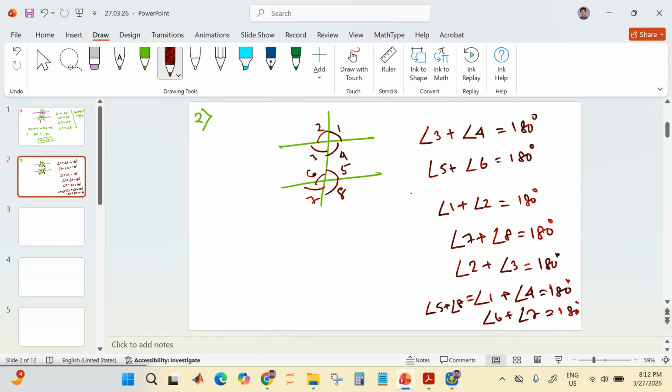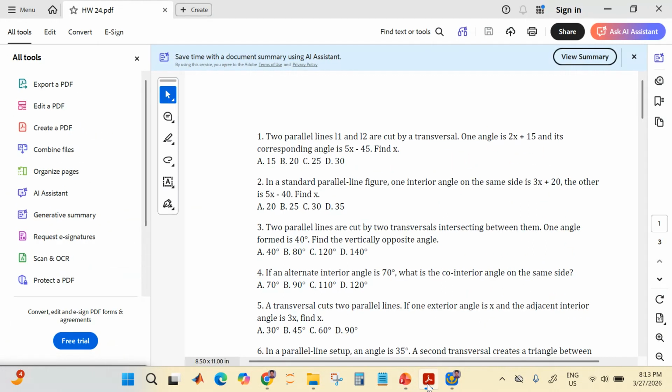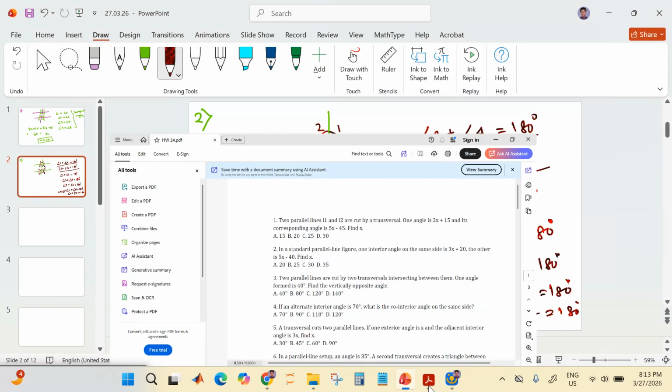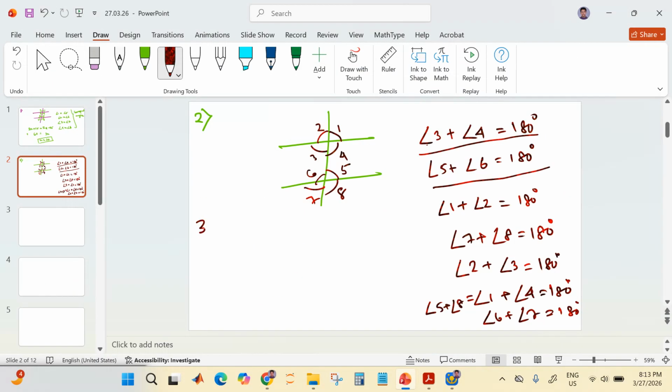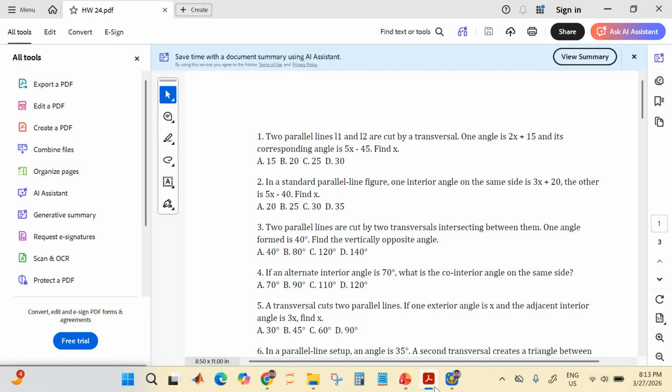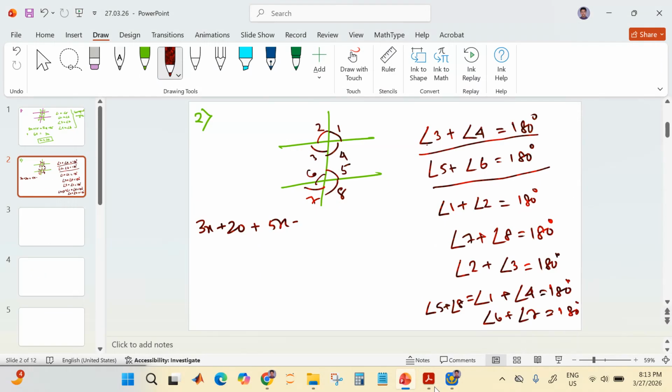All are linear pairs, but as per the theory, I have to use the interior angles. So you can directly write, as per the question, 3x plus 20 plus 5x minus 40 equals 180 degrees.